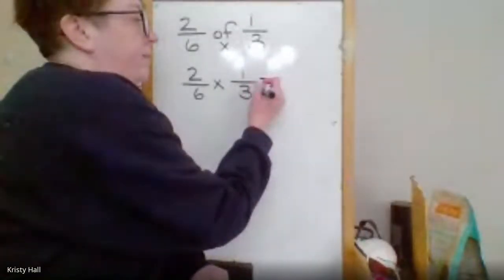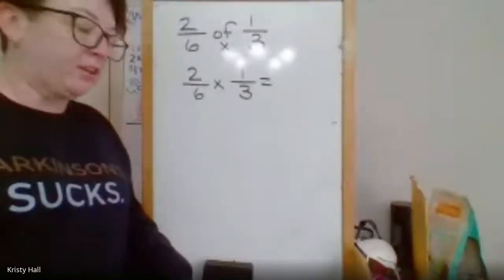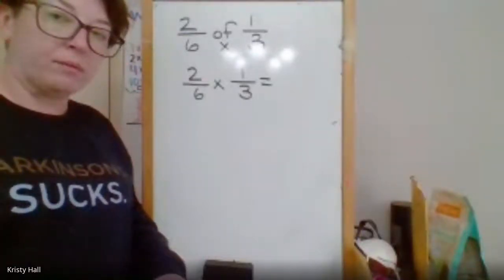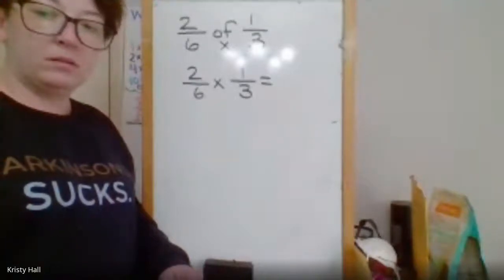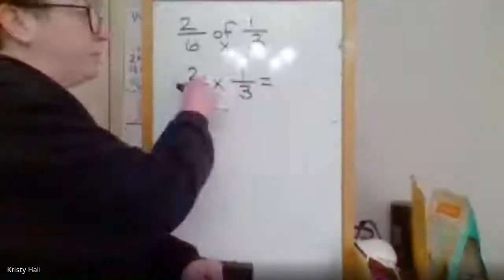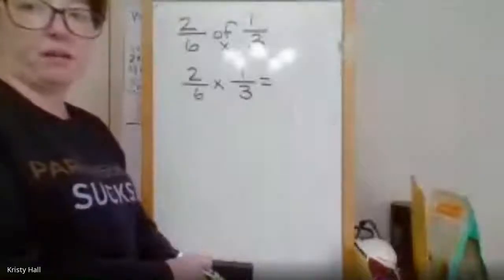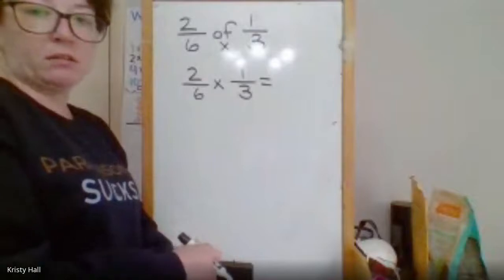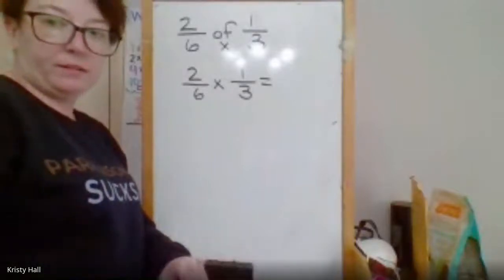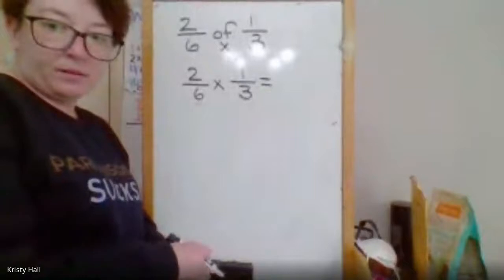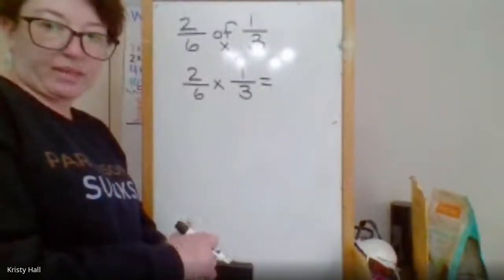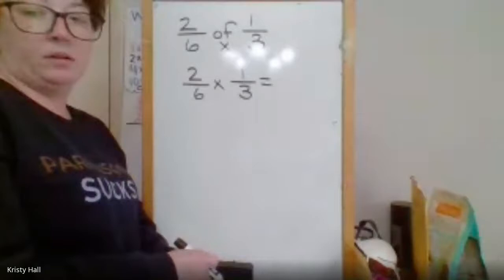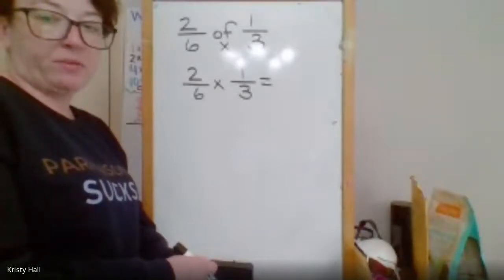Now the girls just told us what we would do to solve this. Alma, can you remind us how we solve this problem? So we multiply the numerators and the denominators. Yep, multiply across the top, multiply across the bottom. Great job. So 2 times 1. Nathan Bracey, what's 2 times 1?